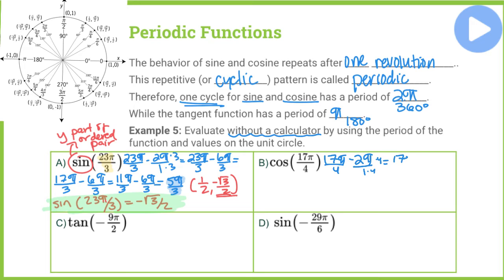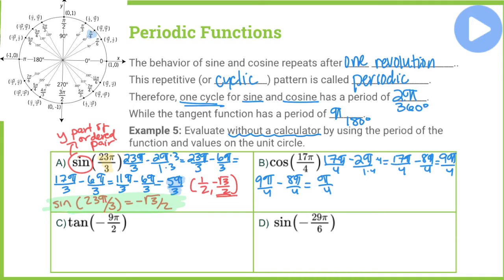So that'd be 17 pi over 4 minus 8 pi over 4, which is 9 pi over 4, which is still not on the unit circle. So 9 pi over 4 minus 8 pi over 4 gives us pi over 4.